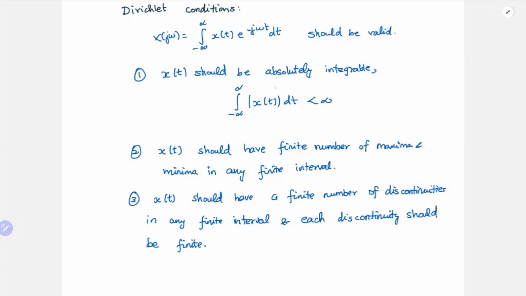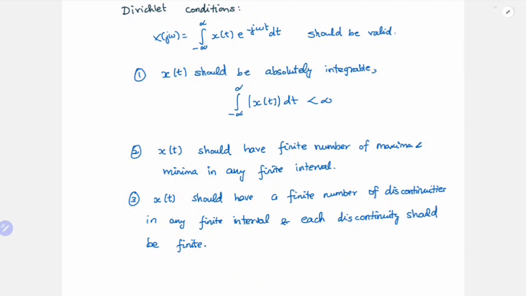If it is absolutely integrable and it has a finite number of maxima and minima and a finite number of discontinuities and the discontinuities are finite, then we can say it definitely will have the Fourier transform. And there are also some exceptions like these impulse functions, which may have a discontinuity of infinite value, but still have a Fourier transform.